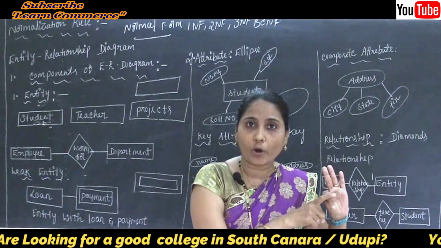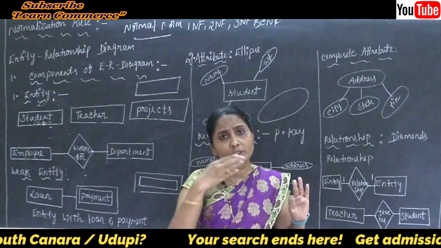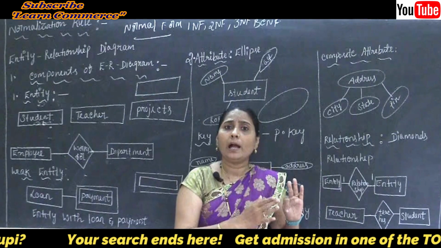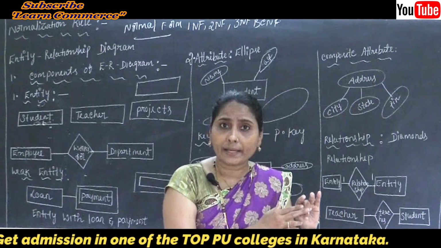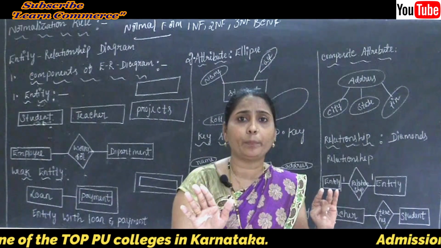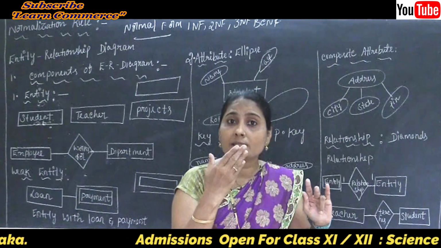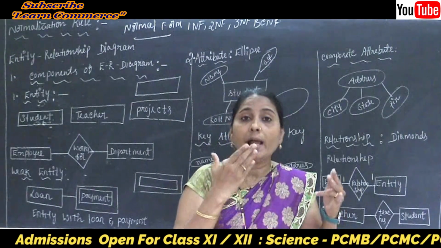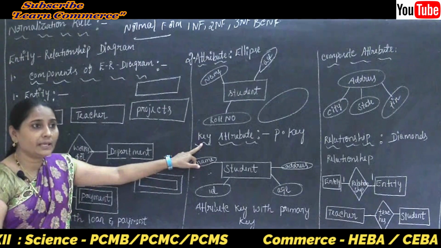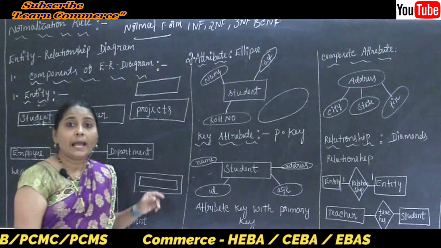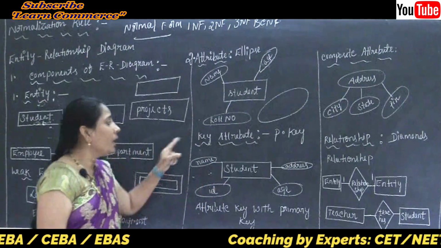Or maybe the employee ID, like that only, a separate number we give for each employee. Or maybe the bank account number, such a number is not going to repeat here. Driving license number here, or transfer certificate ID. So all are examples we can use for the primary key. So we can say the key attribute, that means the ellipse with underlined text, is called the key attribute.